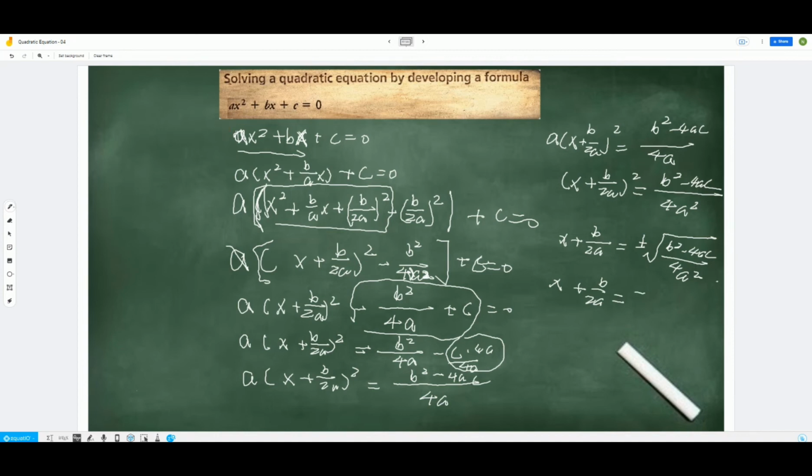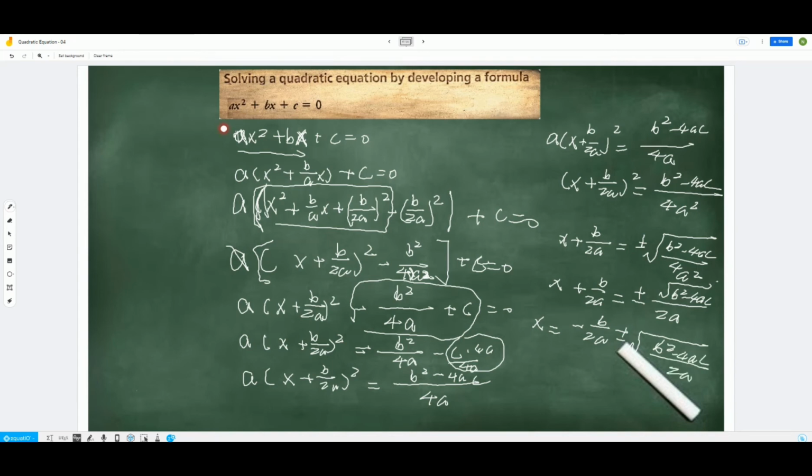But b squared minus 4ac is still inside the square root. So we move b over 2a to the right side, both sides minus b over 2a. So x equals negative b over 2a plus or minus the square root of b squared minus 4ac over 2a.